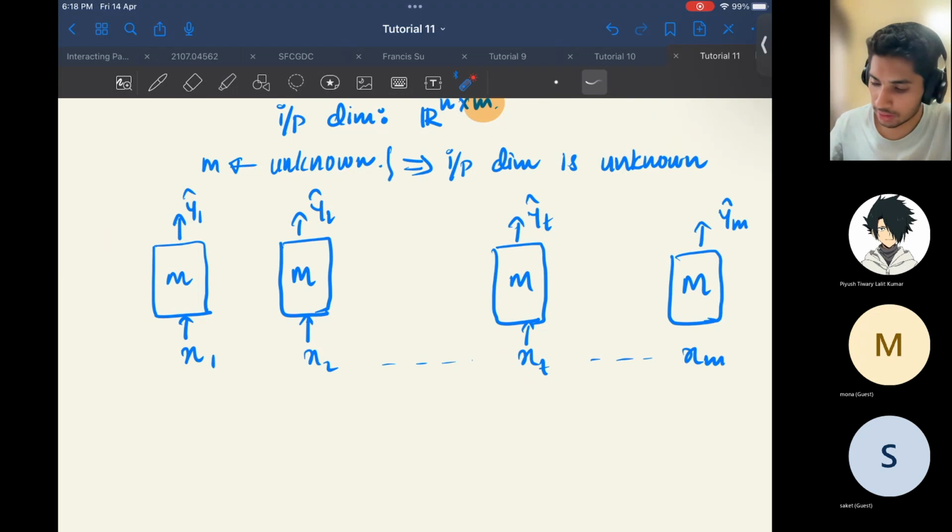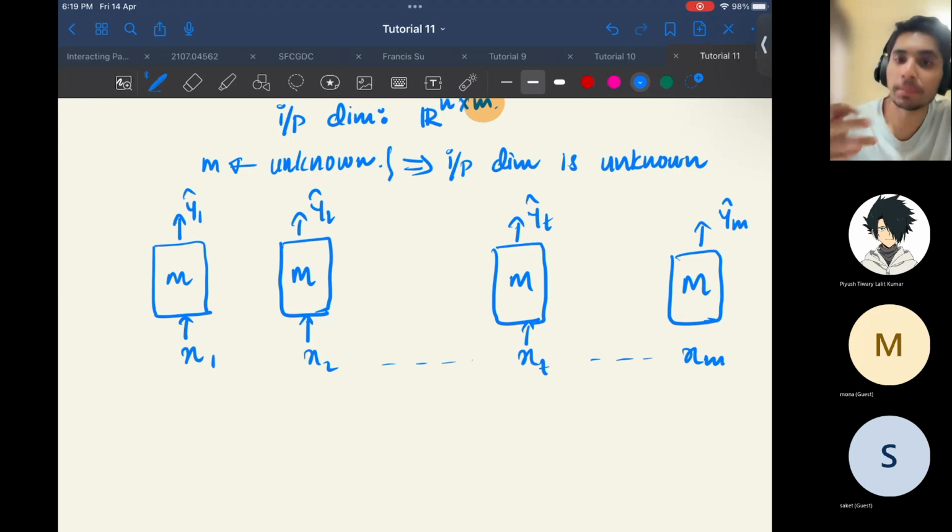This model in its current form doesn't take that into account, because it treats x1 as an independent input with y1 hat as the output, and x2 as an independent input with y2 hat as the independent output. However, it is not taking into account that x2 and x1 are somehow related. I want that inductive bias to be accommodated into this network.